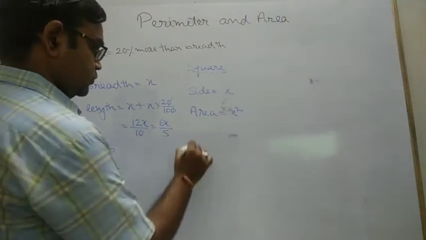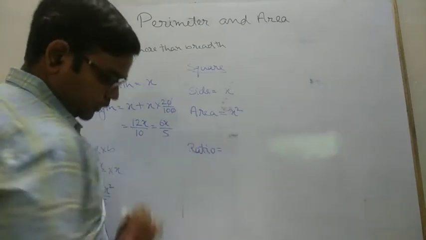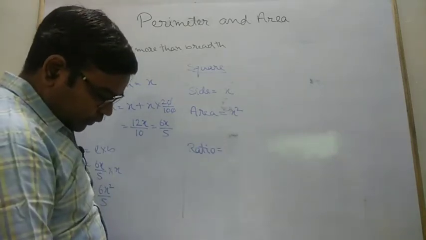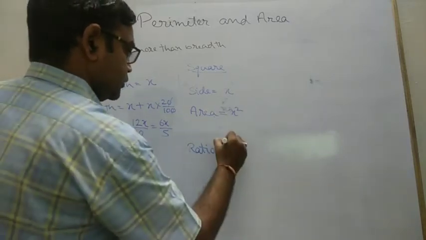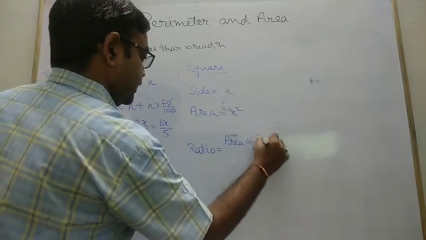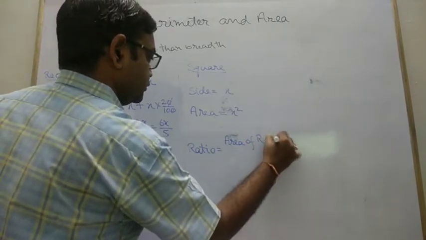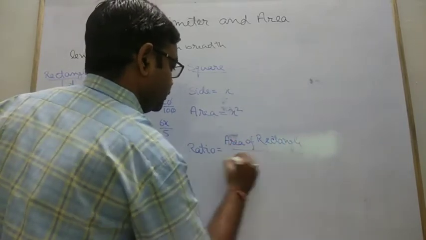So ratio, the question asked you ratio. The question says what will be the ratio of area of rectangle to that of square? Means area of rectangle by area of square.